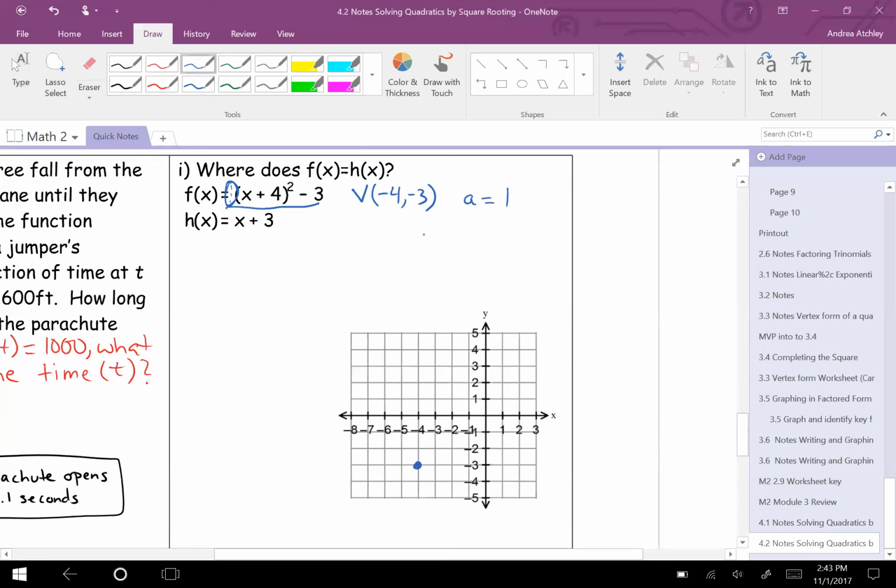So we're going to go a over 1, then 3a over 1, then 5a over 1. That's our pattern rate of change for a quadratic. So I go to the right one and up 1, left one and up 1. Then to the right one and up 3, left one and up 3.